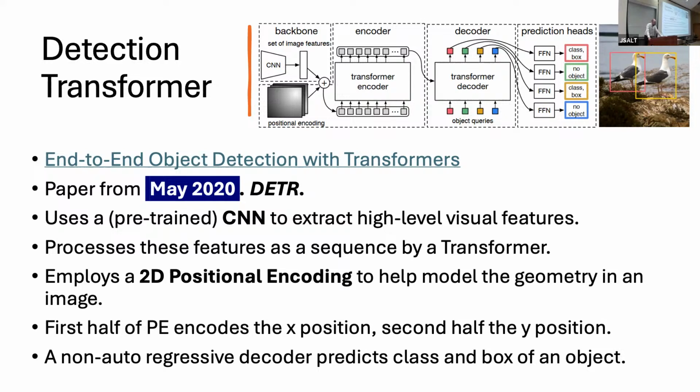Okay. And the positional encoding is interesting because you actually have to have an even number of dimensions so that you can split it in half, because the first half of the positional encoding is encoding the X position, and the other half is encoding the Y position.